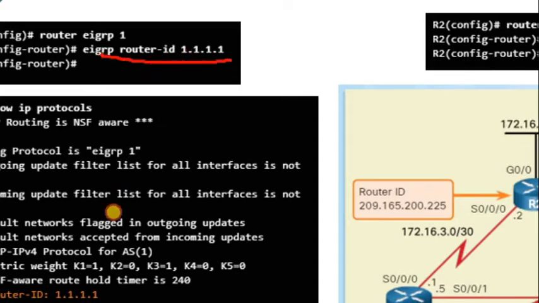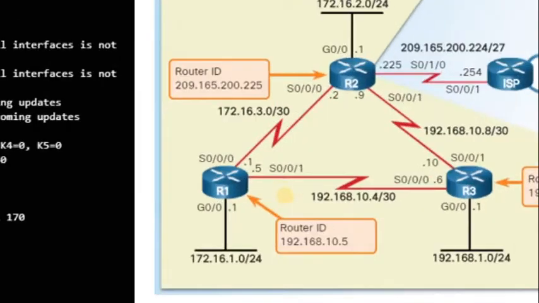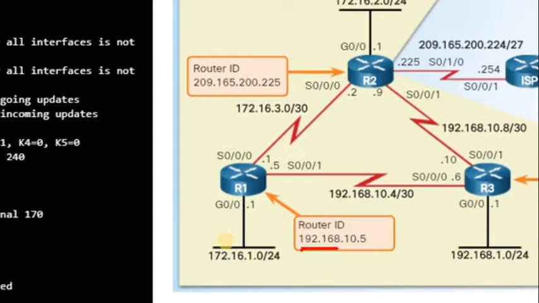So again, as I've mentioned, even if there are higher values, 192, 172, 172, these are higher values compared with 1.1.1.1, not to confuse, routers will still prioritize what was manually configured through this EIGRP router-id command.